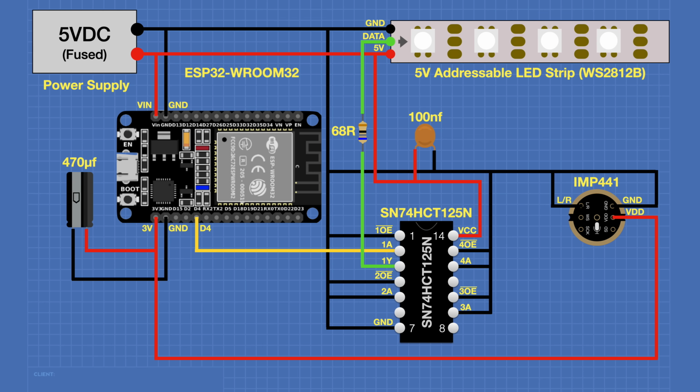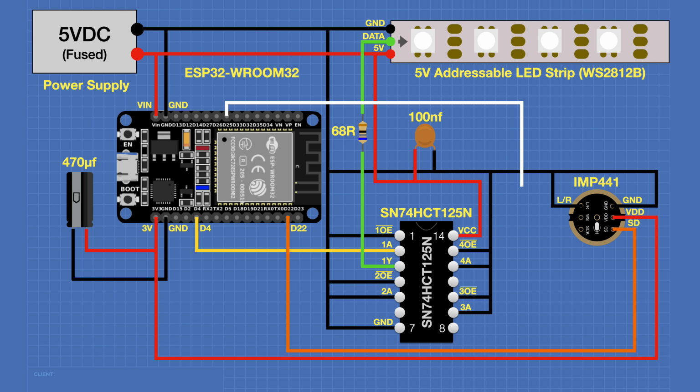We'll connect GPIO pin D22 to the INMP441 SD, or serial data out pin. We'll connect pin D25 on the ESP32 to the INMP441 SCK, or serial clock pin. And the ESP32 pin D26 will be connected to the INMP441 WS, or word select pin.